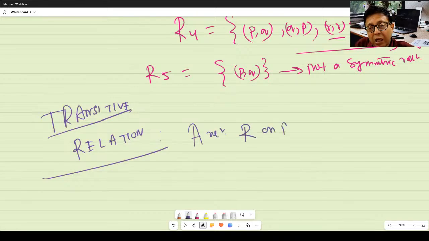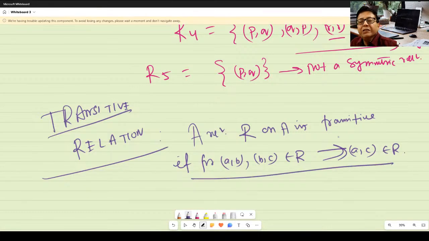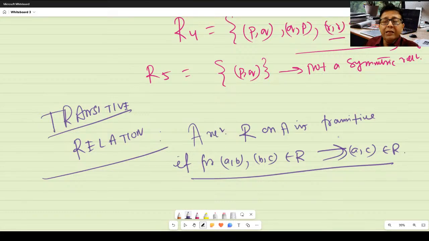A relation R on A is transitive if for (A, B) and (B, C) belongs to R implies (A, C) belongs to R. Again, the same concept. If (A, B), (B, C) are not there, we won't think about it. We think about (A, C) if and only if (A, B) and (B, C) both are included.